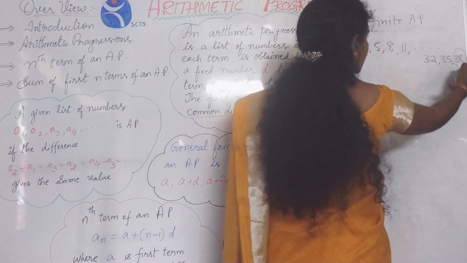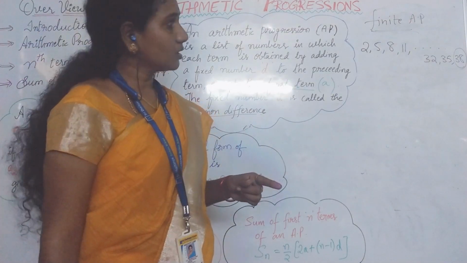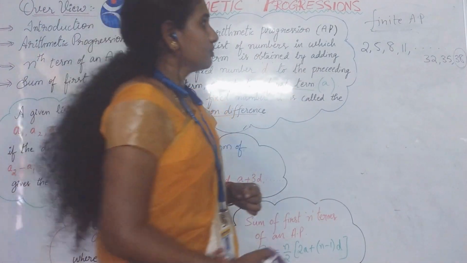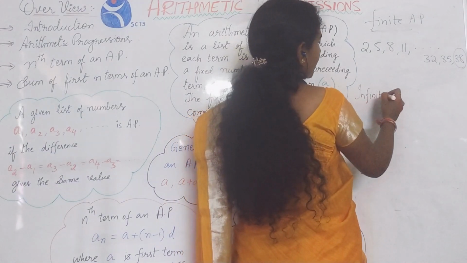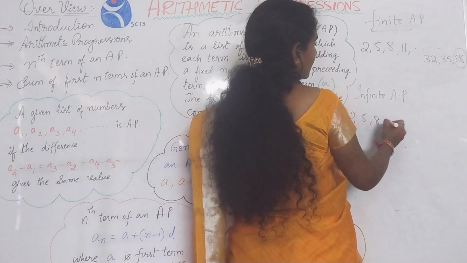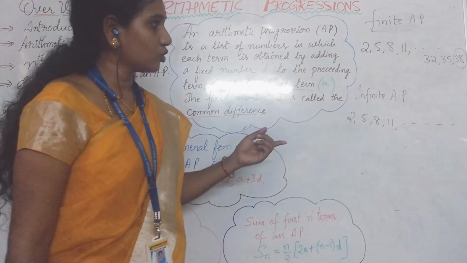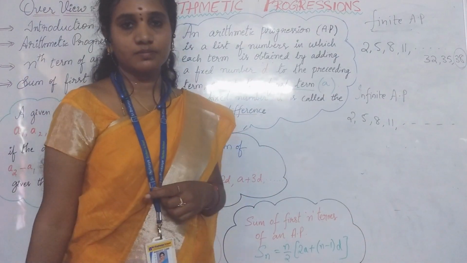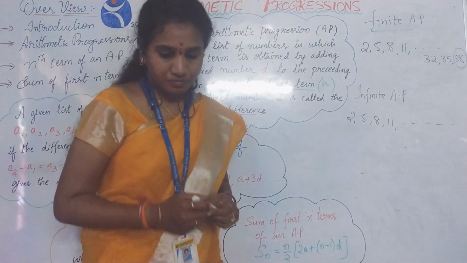Here the last term 38 is given. So this AP is a finite AP because the number of terms is countable. Infinite AP is an AP where you don't know the last term. So 2, 5, 8, 11, and so on. This is an infinite AP where the last term is not given. This is about finite AP and infinite AP.